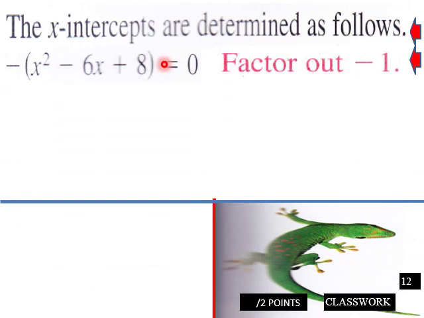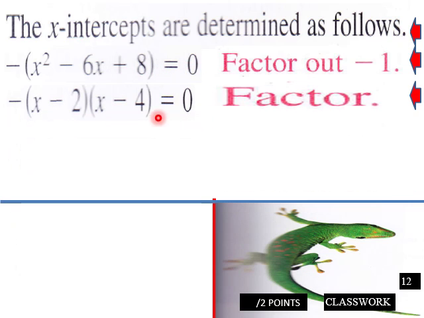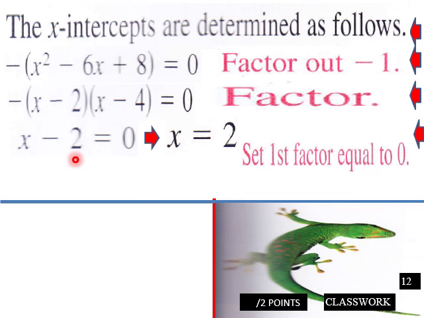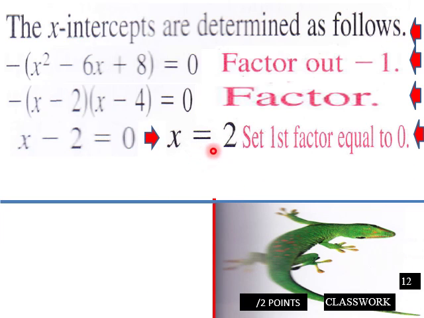The x-intercepts are determined as follows. So negative x squared minus 6x plus 8 equals 0. Factor out negative 1. And then negative of x minus 2 times x minus 4 equals 0. So we factor this into this here. So x minus 2 equals 0, which gives x equals 2.